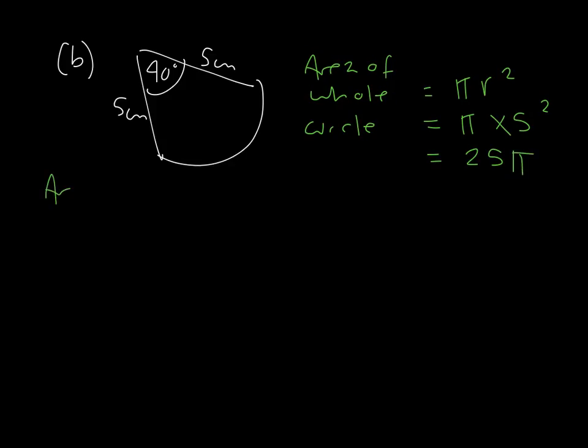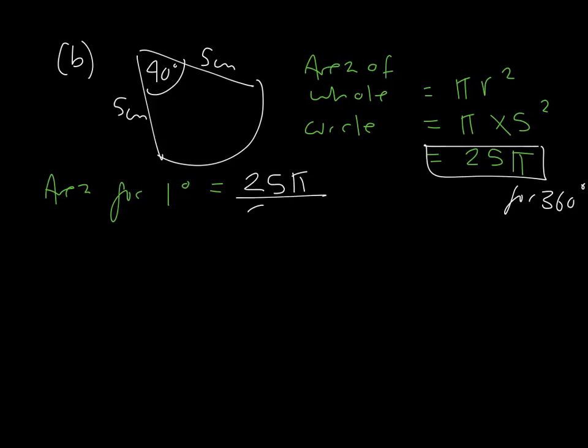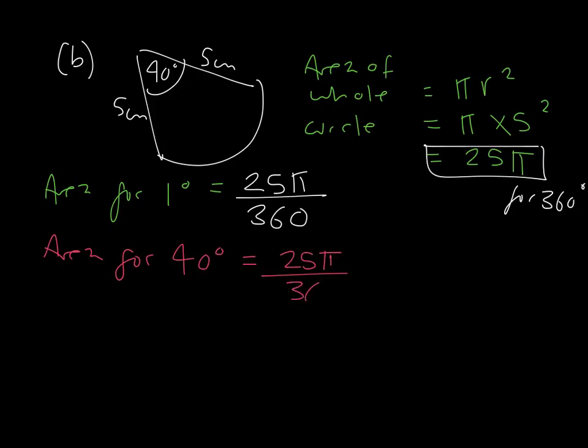I then work out the area which would be allocated to 1 degree's worth, because, of course, this 25 pi is for 360 degrees. This would be 25 pi divided by 360, which we'll leave in that form for the moment. Then the area for 40 degrees would be 25 pi over 360 multiplied by 40.